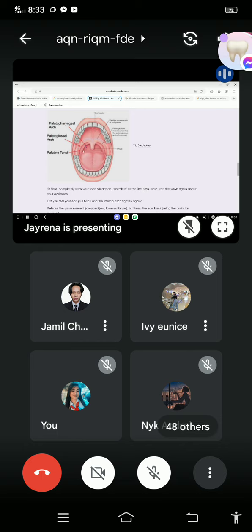It's a combination of the pharyngeal wall and the palate. That's why you call it as palatopharyngeal arc. Diba? Posterior fauces. Kasi nasa likod. So you call this as a palatopharyngeal arc and the posterior pillar of fauces kasi nasa likod. And then you call this one as the palatoglossal arc which is nasa anterior. That's why you call it as anterior pillar of fauces. And this one is your uvula.